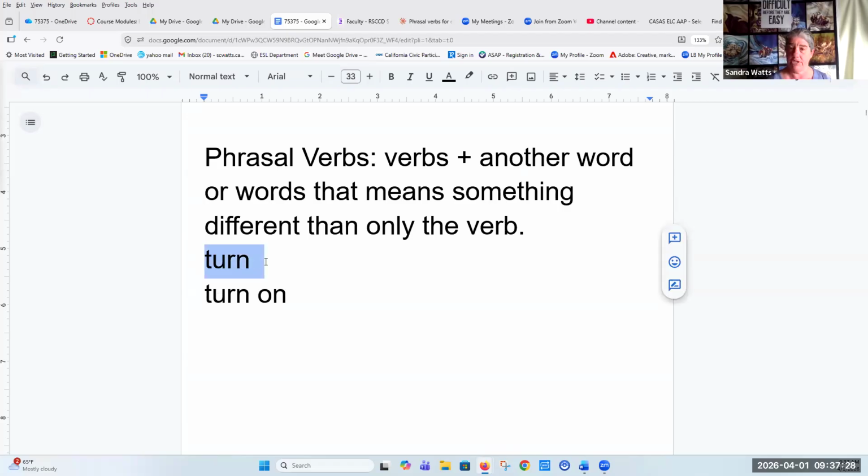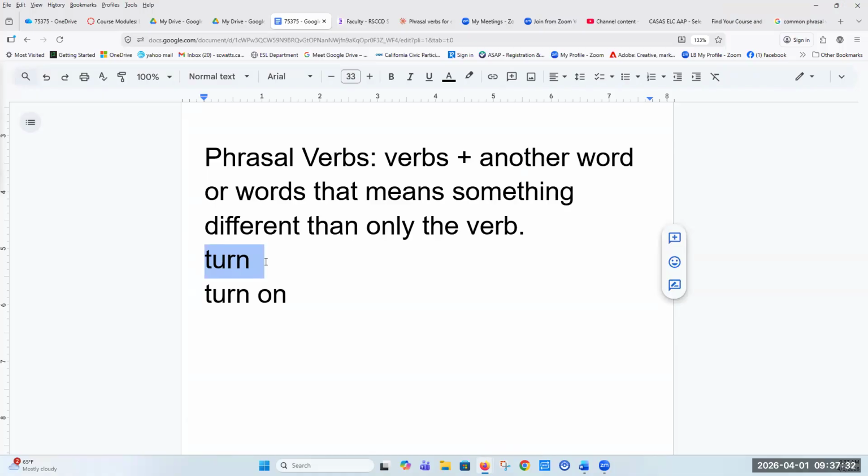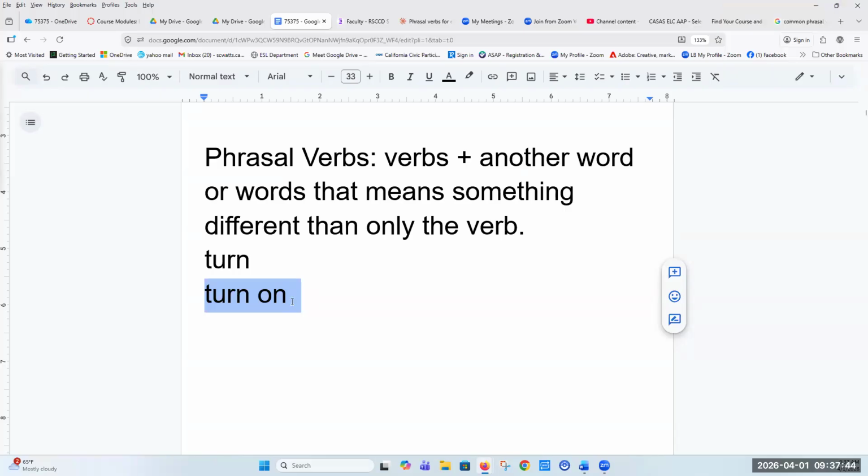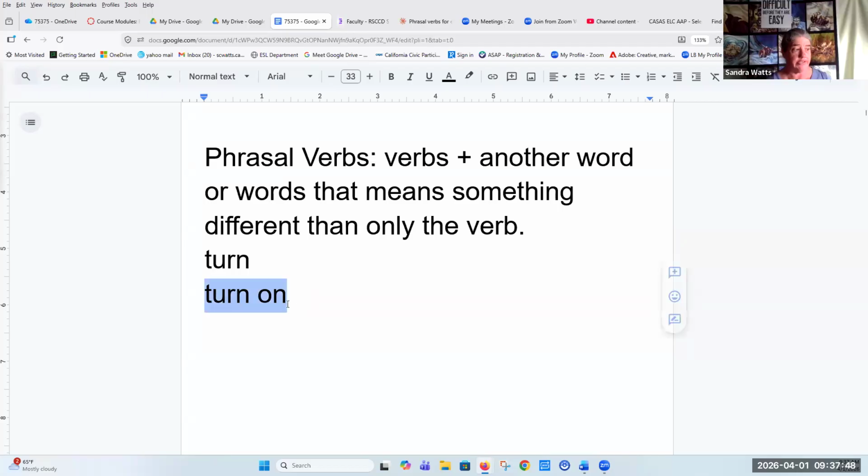There's definitely a difference between just turn, or if you're in your car, turn, and turn on, like if you turn on the TV or turn on the light. So this is what we call a phrasal verb. It's a phrase. You have the verb plus another word.